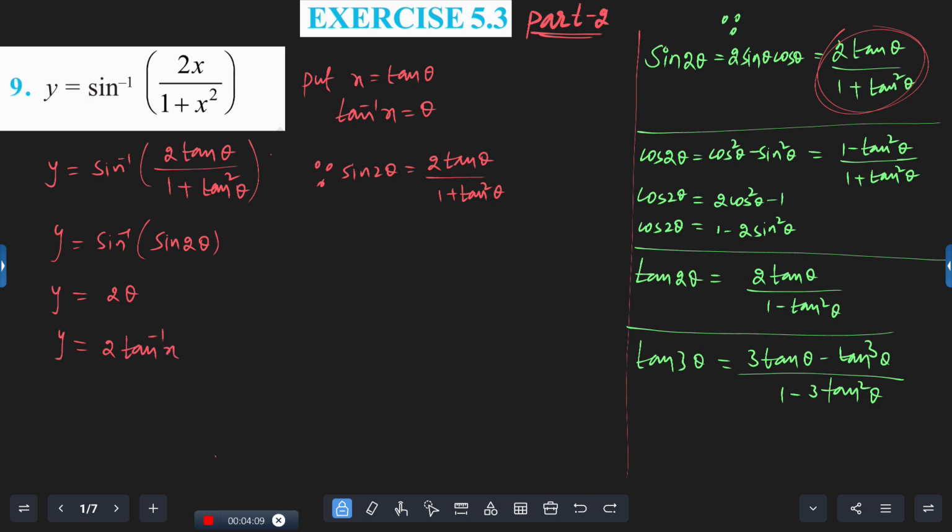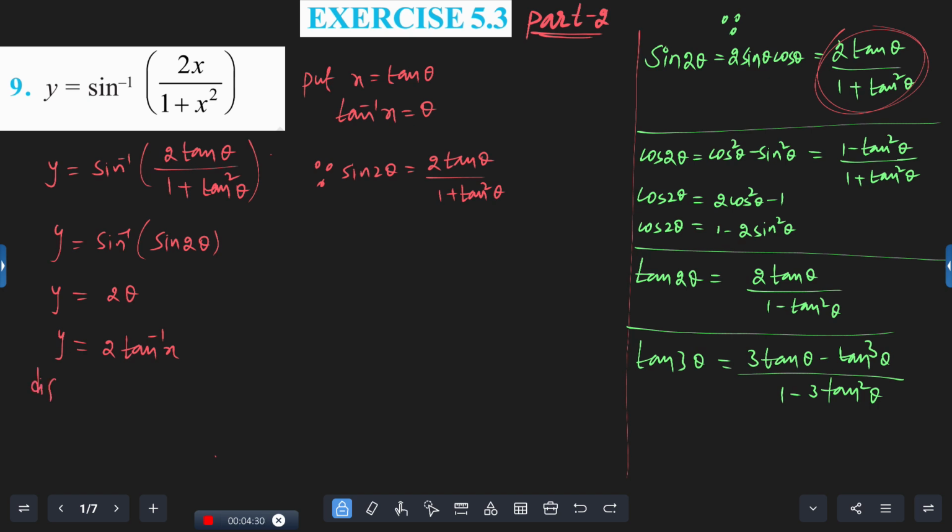This is the simplification. Very simple. If you learn this in the 5th chapter, the same thing will come in the 7th chapter also. There they will ask to take the integral, here we are taking the derivative. That is the difference. Very important.